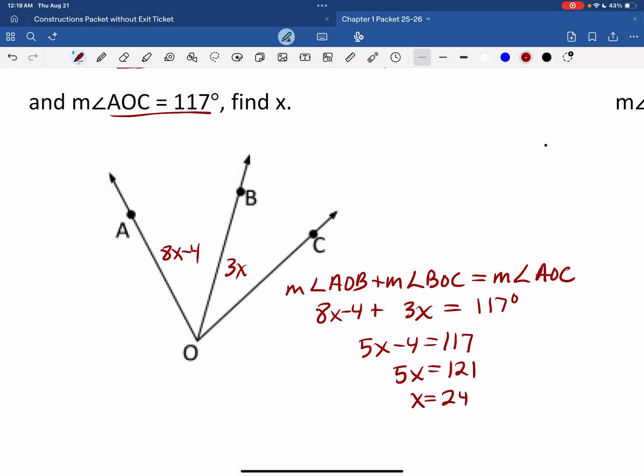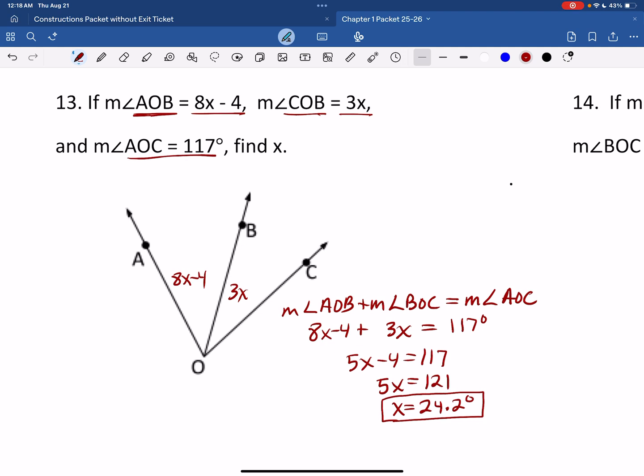So 24.2 degrees. Now I'm going to check to make sure that my math is right. Yep. 8x minus 4, 3x, 117. Oops, I did make a mistake. I knew it.